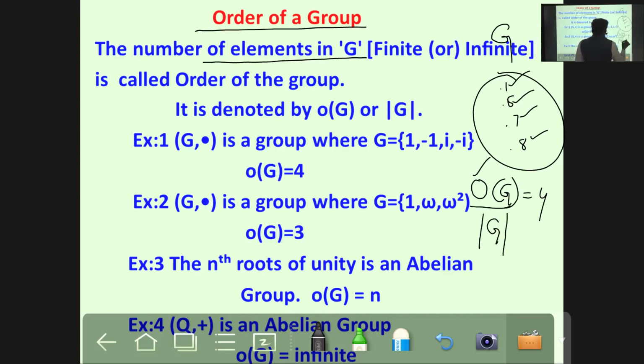It can be represented like this also. It is denoted by order of G, O of G, or cardinality of G.